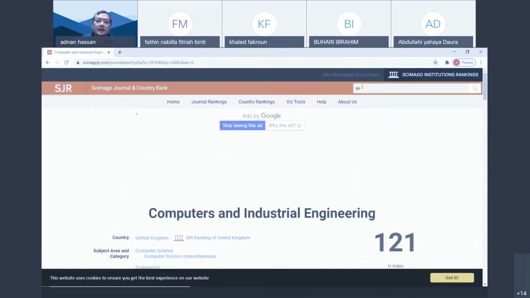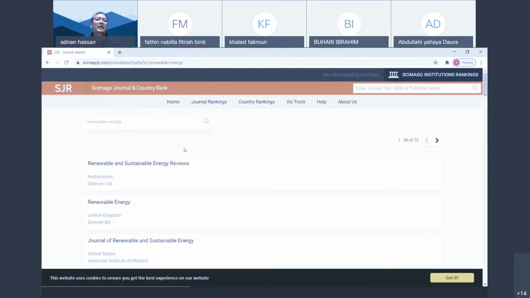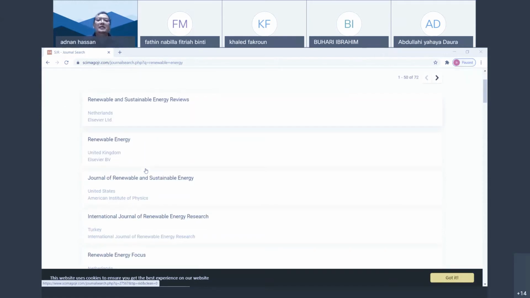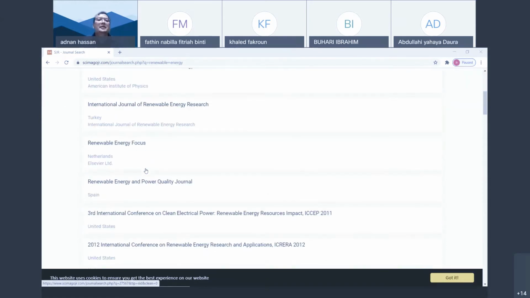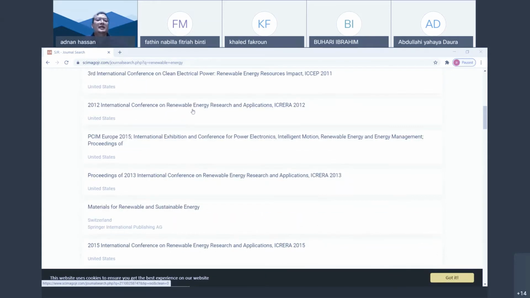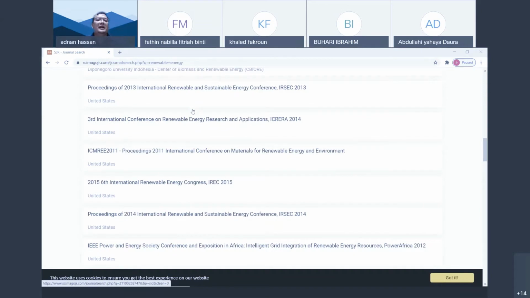Okay, so there are papers in renewable energy: Renewable and Sustainable Energy Reviews, Renewable Energy from the United Kingdom, Renewable Energy Sustainability, International Journal of Renewable Energy. There are so many, and you can select which one. There are good ones and not-so-good ones.